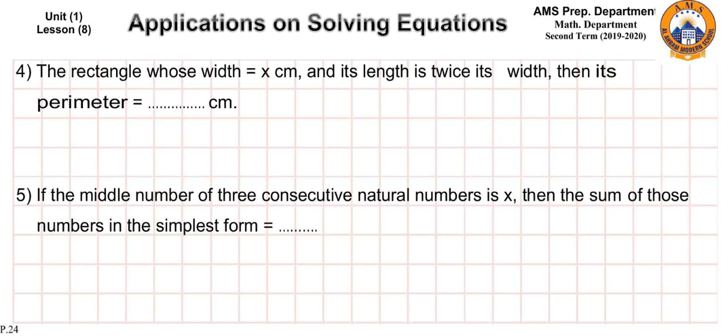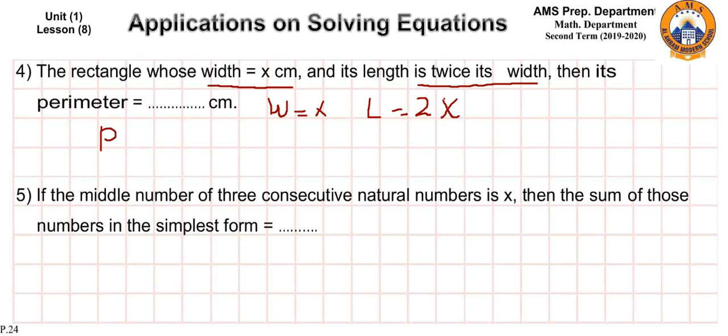Exercise number 4. The rectangle whose width equals x and its length is twice its width. Then the perimeter equals, okay, we have width equals x. We have also length equal twice, 2 times width, which is 2x.